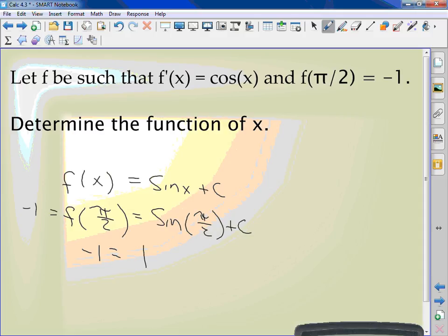Sine is 1. Now I need to subtract the 1 over. Negative 2 is what c is. So the original function was f of x equals sine of x minus 2. What we did is we went through and found out what c was.